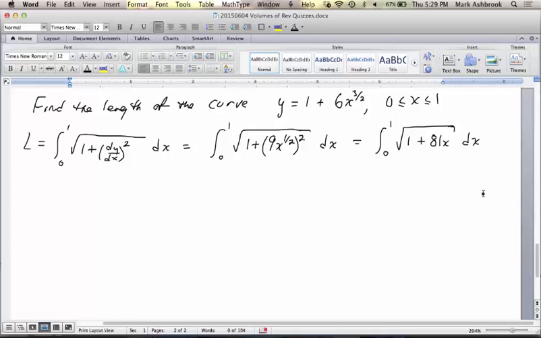What do we do? Undo a chain, right? So this is basically g prime of f. So we're going to do the antiderivative of g, which is 1 plus 81x to the, try again, 3 halves. And we'll need 2/3.